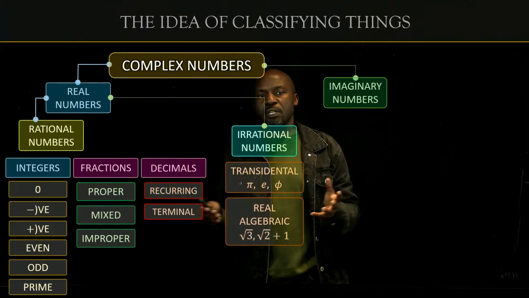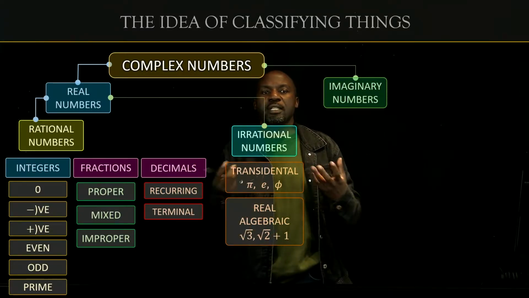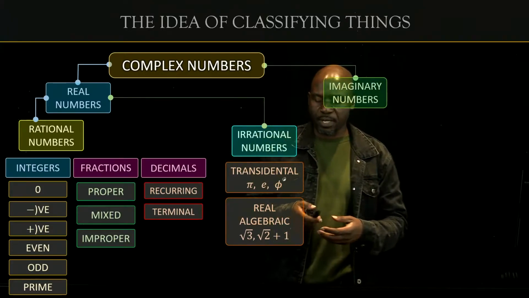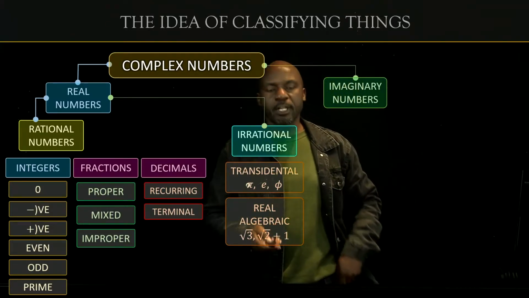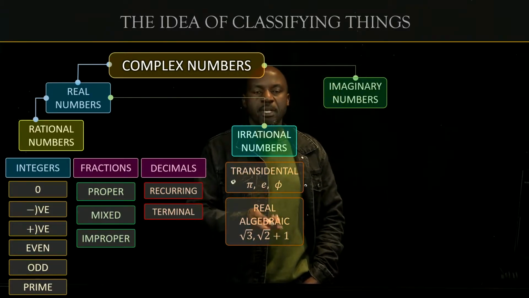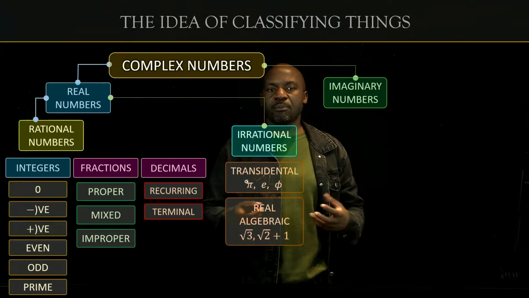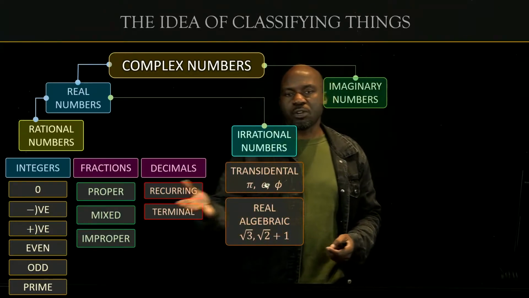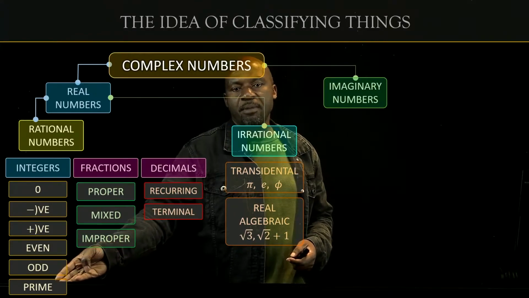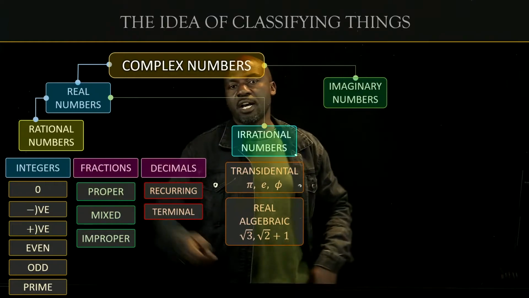So broadly, numbers can also be categorized, can be split up into different classes or different categories or different groupings, okay? And this we do naturally as human beings. We tend to look at things around us and then group them into certain properties that they possess. So if we're going to refer to a number as being prime, there must be a property it possesses that the others do not have, right?